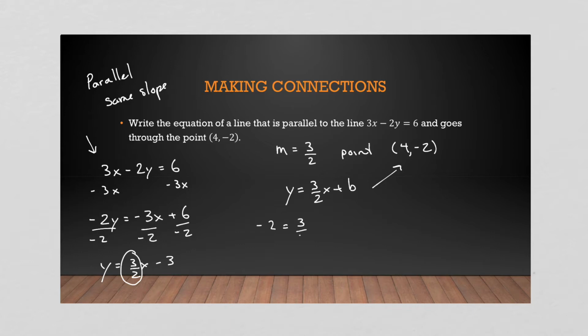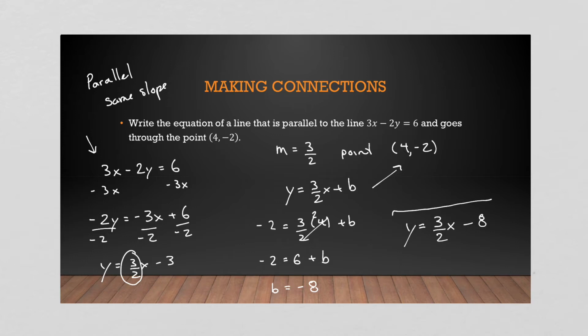X equals 4 plus b. 4 and the 2 cancel, I'm left with a 2, so -2 equals 6 plus b. So b equals -8. So now we know the b, we know the slope, and we can write the equation of our line. Y equals 3 over 2x minus 8.